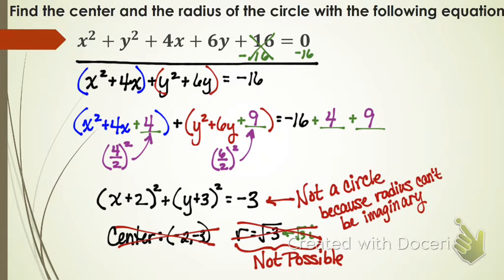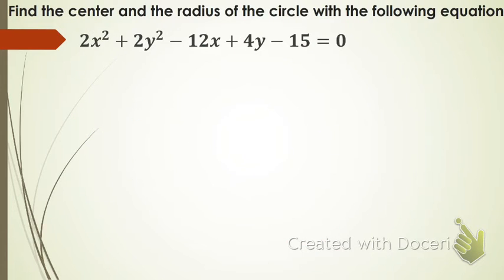All right. How do I want to start this? Add 15. Move my constant to the other side.